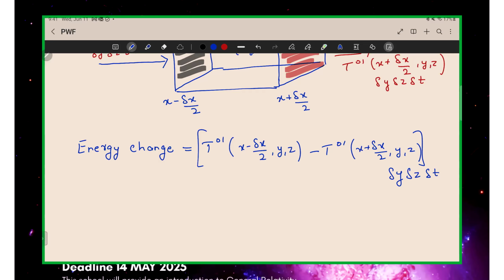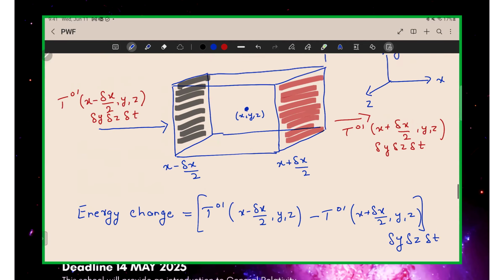Okay, so you will have similar contributions for faces which are perpendicular to the Y direction, which are front and back, and faces which are perpendicular to the Z direction, which are up and down.